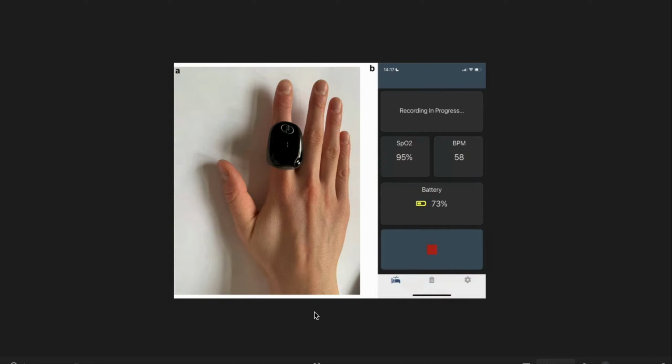Oftentimes, if you haven't done this already, it could be this device, or any other device that maps out different data when you sleep, whether it's oxygen, position, or heart rate. All these give us data of what's happening when you sleep.